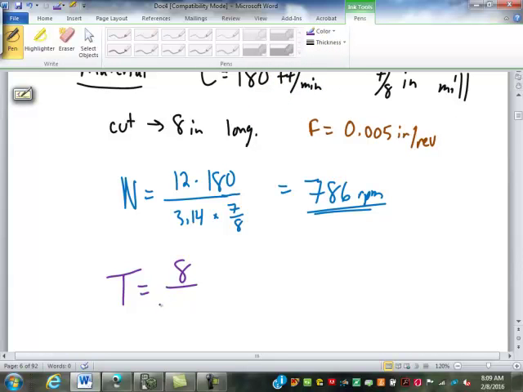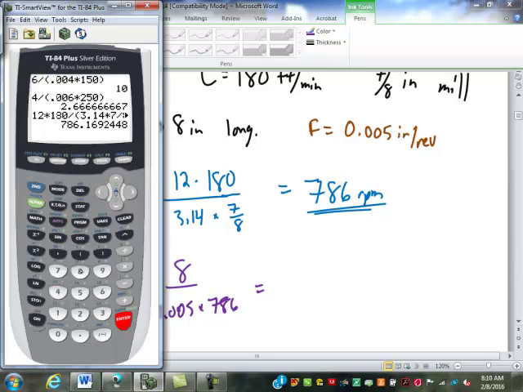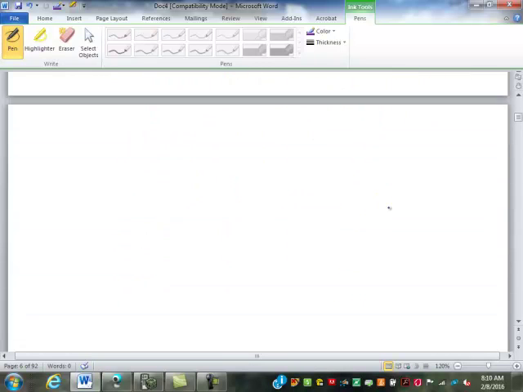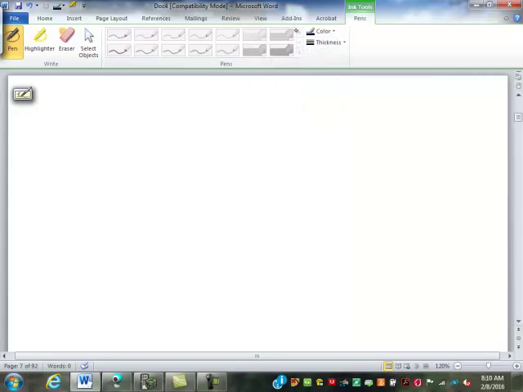So now it's going to be 8 divided by 0.005 times 786, the previous answer. 2.035 minutes. So about 2 minutes and 2 seconds. Sorry about that. Didn't realize I didn't give you the feed rate there.